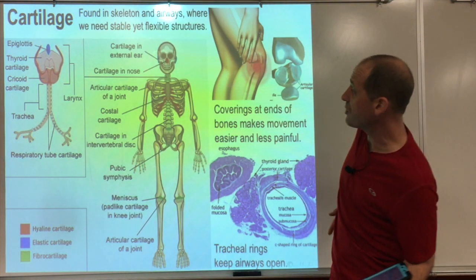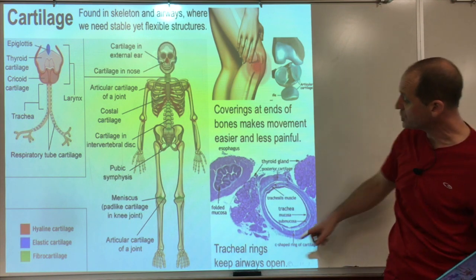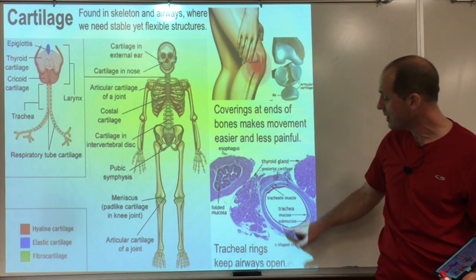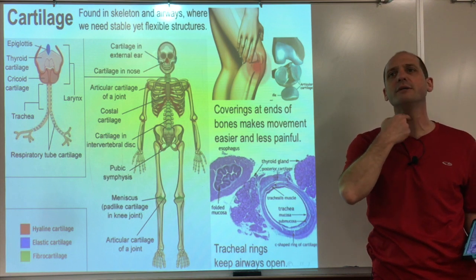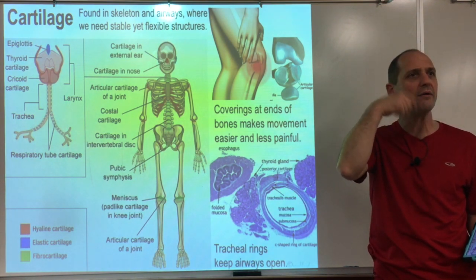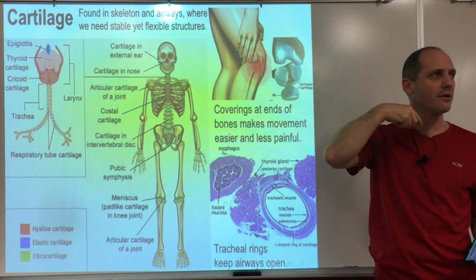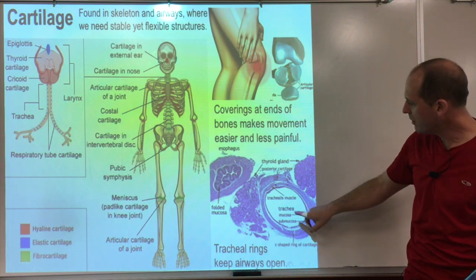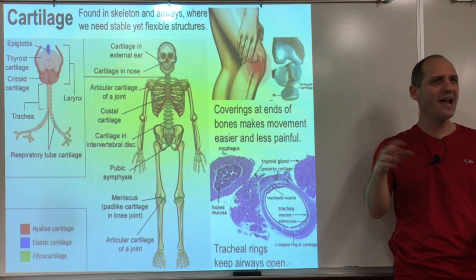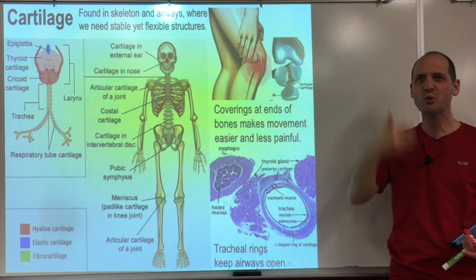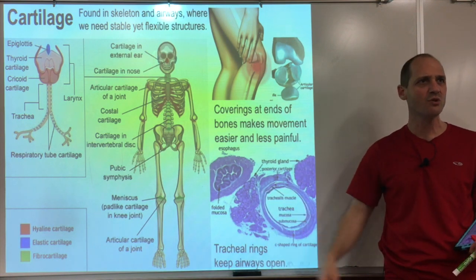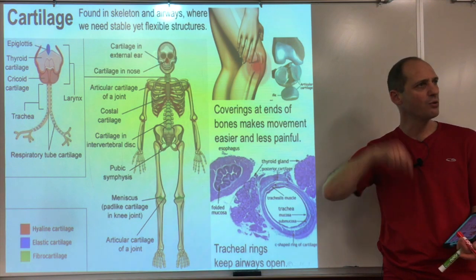Another really cool example of cartilage is the tracheal rings in the airways. Behind the Adam's apple, there's air going up and down, and behind the air, there's the food going up and down. The air is very light. Food is bulky. Liquid just pushes down the tube, pushes the tube apart, and it goes down.